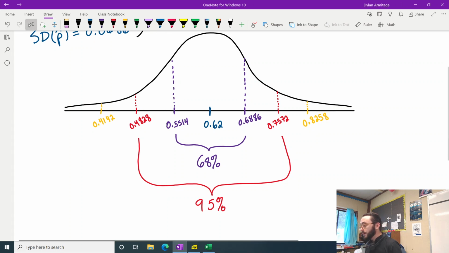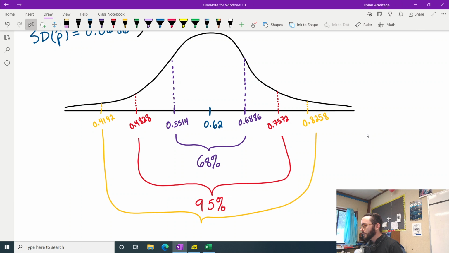And between three standard deviations, we would expect approximately 99.7% of our data to be between those two numbers. We would expect all of our samples to kind of fall in there if this was the true value of the population proportion.